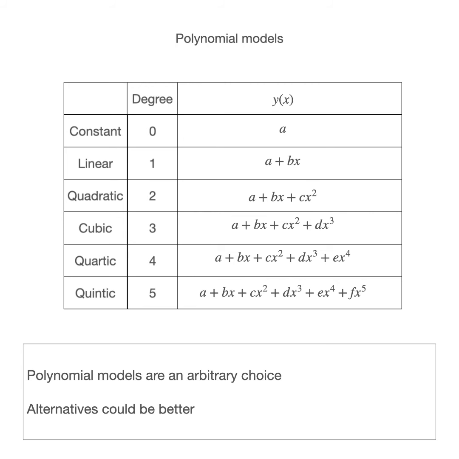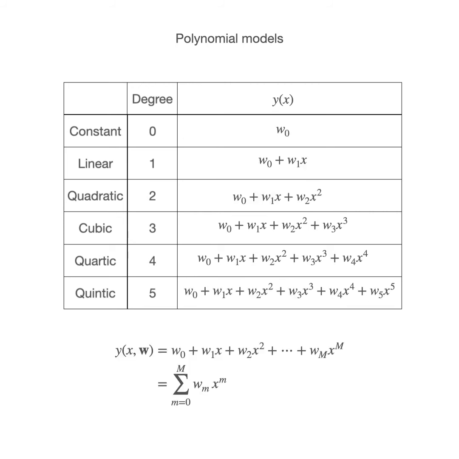I assume you know what polynomial models are, and in fact the notation I employ with A's and B's and C's is not very handy. It is much better to use W for the coefficients. So we write the polynomials with W and subscript.